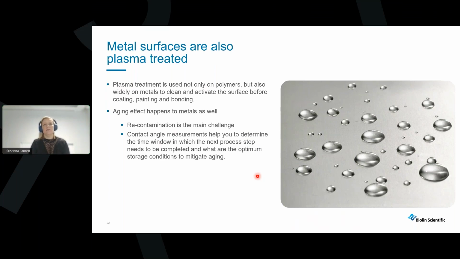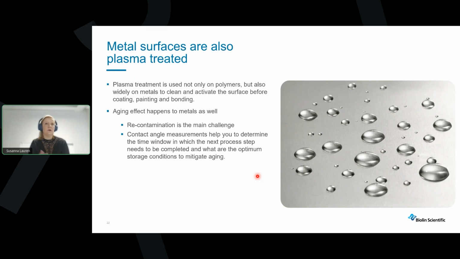But anyway, also with metal surfaces, it's important to understand that this type of an aging effect happens, and it depends on how you store the sample. So do you store it in air? Do you store it underwater? And that will make a difference on how the surface will migrate back to the original state.